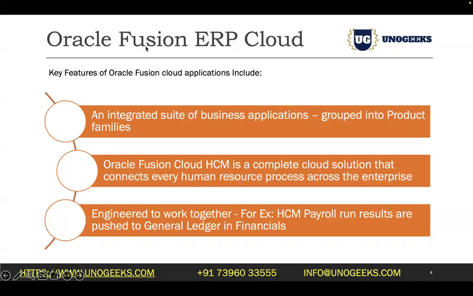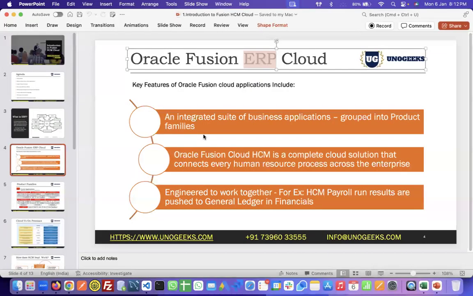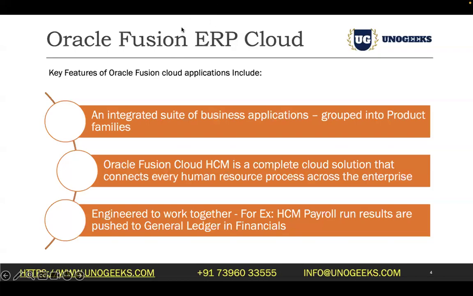How does this application look, guys? And why is it called Oracle Fusion ERP Cloud? Because this application is sitting in the cloud. Say, for example, if a client wants to implement Oracle Cloud, let's say I'm running a firm based out of Hyderabad, and I go to Oracle and say I want to use the Oracle Fusion ERP product.